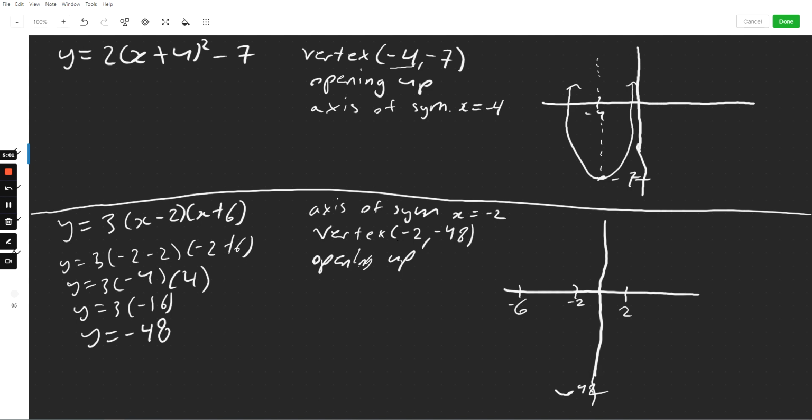So from here, now those are the properties of two quadratic functions. Now we can move on to a word problem. So we'll just clear this first.